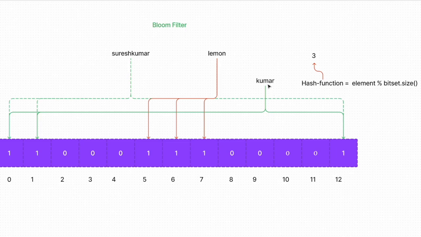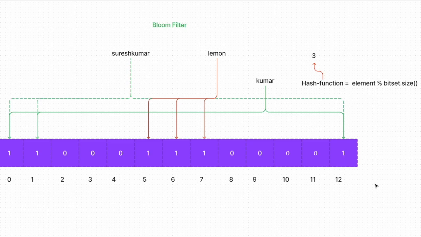So when you check for Kumar, the hash values returned for Kumar would be 0, 1 and 12. But this element is actually not present in this bit set, so it would return a false positive. This case is called a false positive.